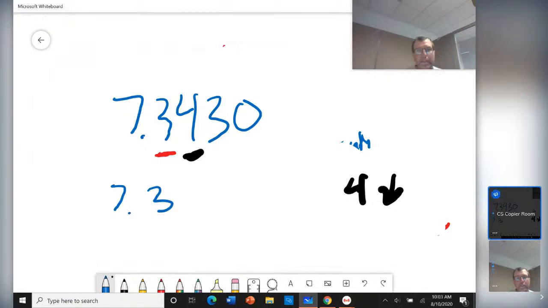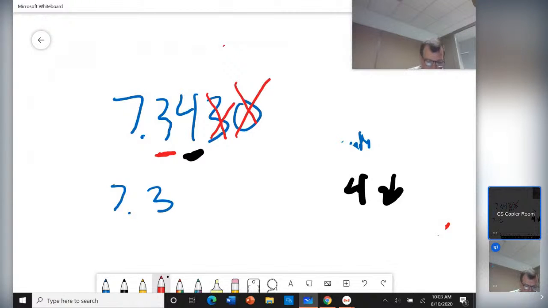Sometimes this one's a little bit tricky. Well, it's not tricky, but they're going to try to confuse you. What you can do is cross this number out, cross that number out, because they don't matter right now. It's only asking you about the tenth place.